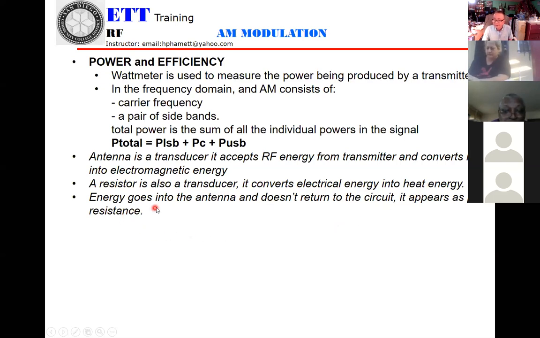Energy goes into the antenna and doesn't return to the circuit. It appears as pure resistance. Okay? So make sure you read this so the next meeting it is easier for me to explain to you.